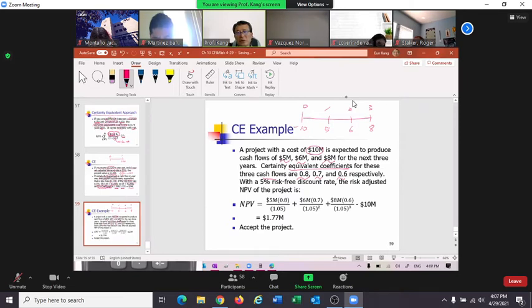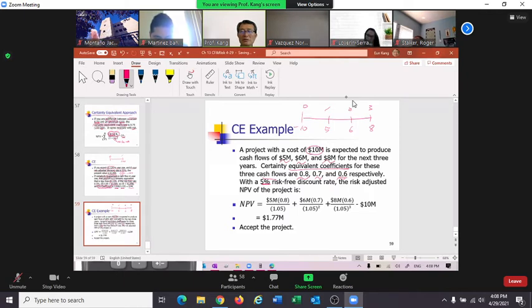Near future is less risky, less uncertain. The distant future is more uncertain, so more uncertain means more risk. So look at this certainty equivalent coefficient going down through time, right? That makes sense.